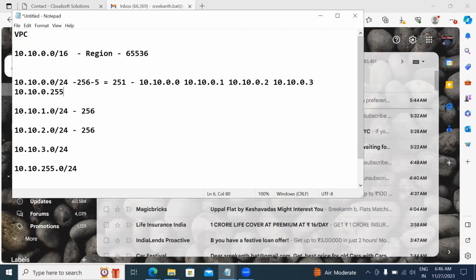That is for broadcasting. One is for the router IP, one for the network IP, one for the DHCP, DNS kind of IPs, and one for future purpose. The final one is for broadcasting. Okay, so like this 5 IPs have been used. So we can use from 4 to 254 only. That is around 251 IPs.